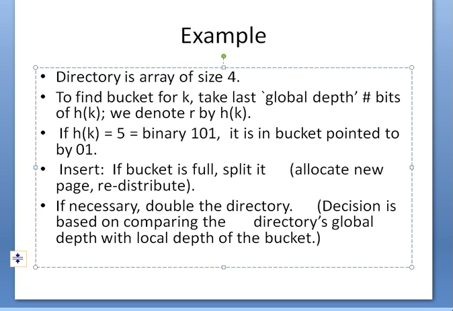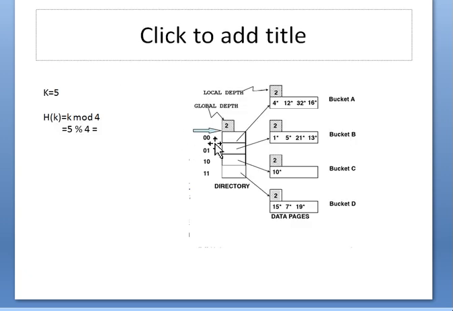Before going to see insert, let's see the example. Search key is 5. How am I going to get my hash function value? By taking its binary value. What is the binary of 5? 101. What are the least bits here?